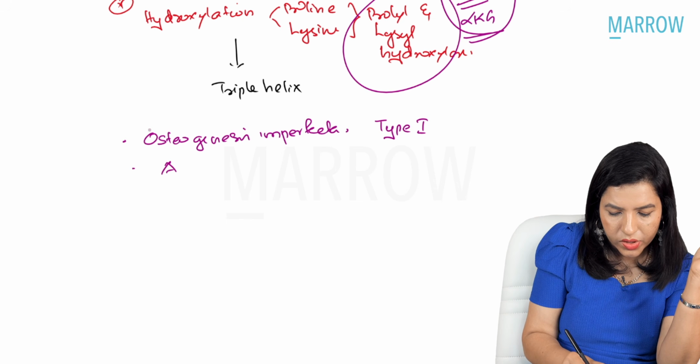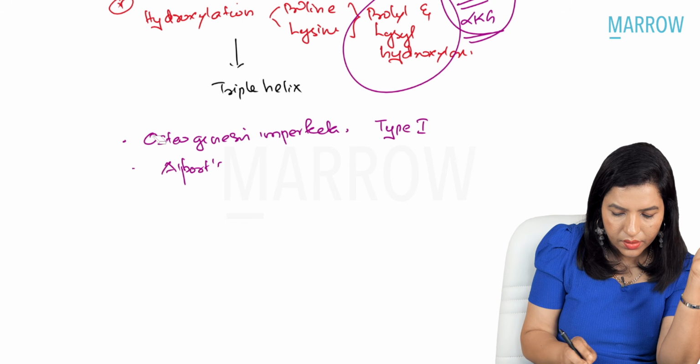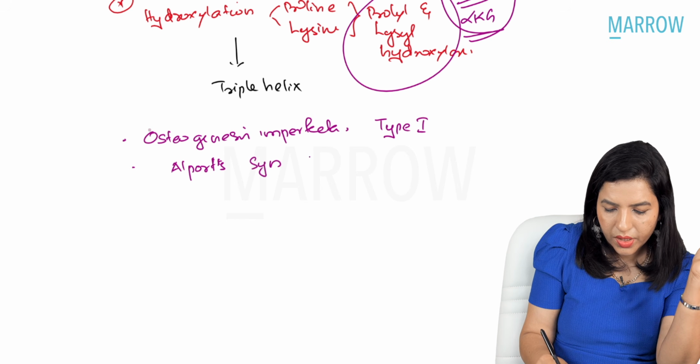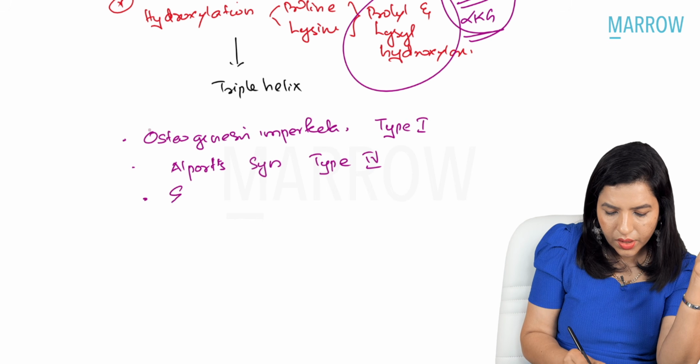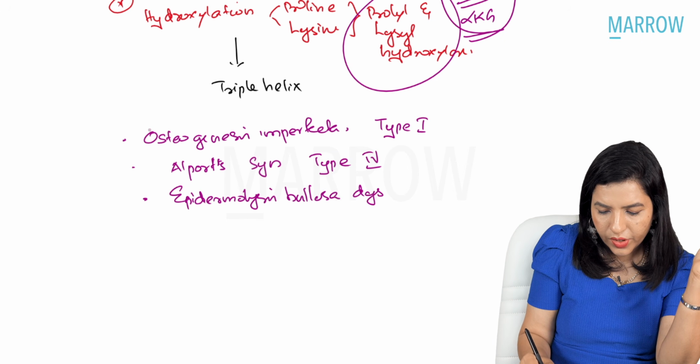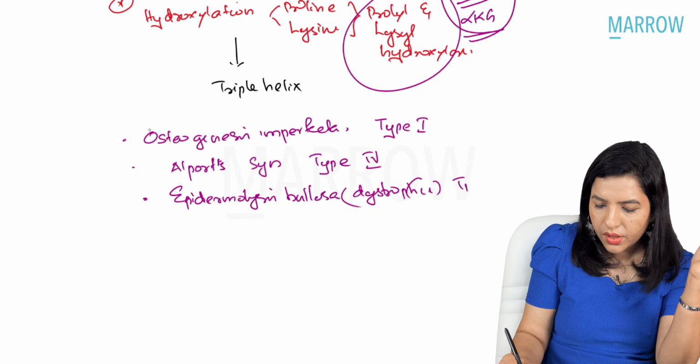Then Alport syndrome, very frequently asked, is associated with type 4. Then epidermolysis bullosa, which is dystrophic, is associated with type 7 collagen.